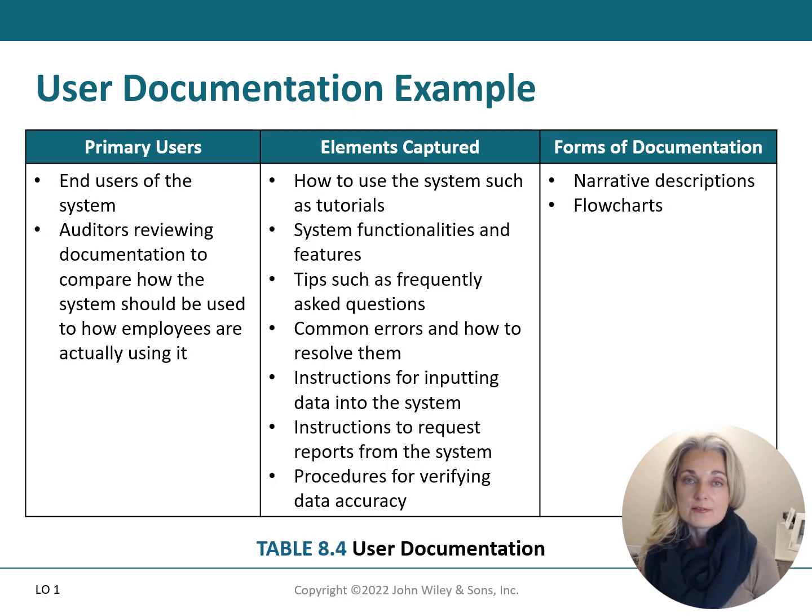In terms of the primary users, we have our end users that are using the system to perform their jobs, as well as auditors who are reviewing the documentation to compare how the system should be used versus how employees are actually using it, to ensure that there are no control issues or no risk of fraud or financial statement misstatements.